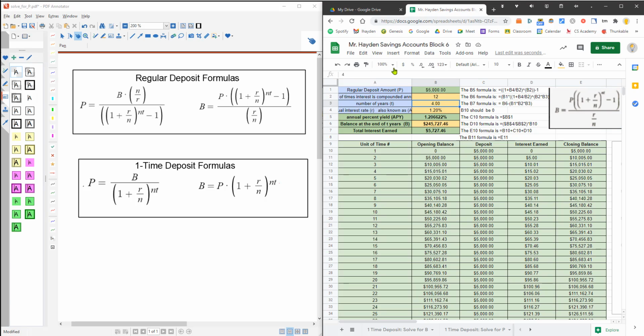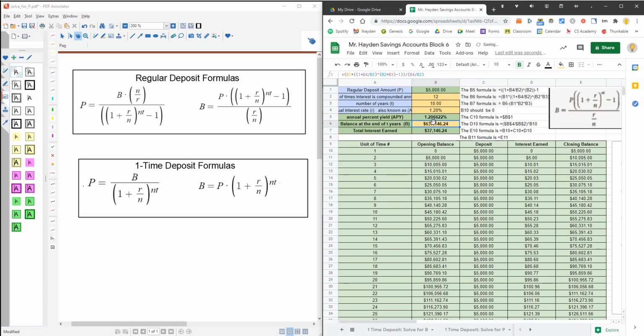The principal is, actually no, I'm sorry, we're solving for P. So it's the first formula that I want. It's B times n over r, over (1 plus r over n) to the nt minus 1.